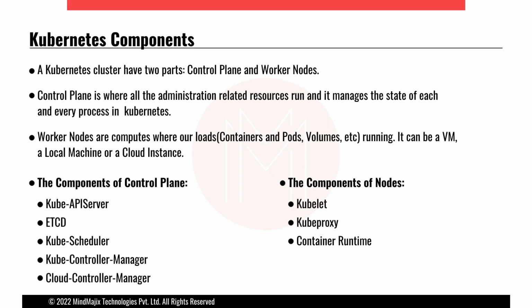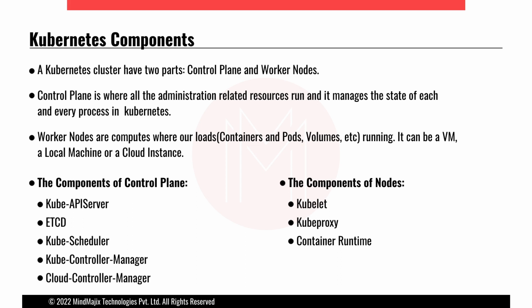We can say the master plane. The control plane takes care of scheduling, deployments, networking, storage, all those things: how it's happening, where it will be configured, who will be using it, and what will be done.